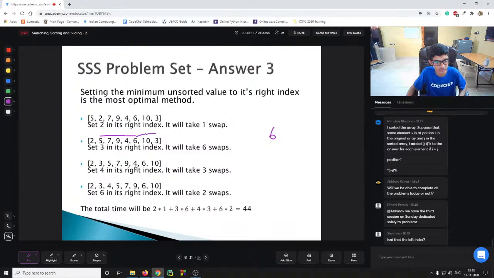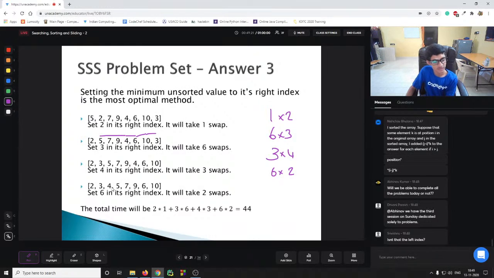Now set 4 in the right index. That will be 3 swaps: 1, 2, and 3. So now this will be 3 times 4. Then 6 times 3 plus 1 times 2 plus 3 times 4, and so on, because we are going to the next smallest value which is not sorted.